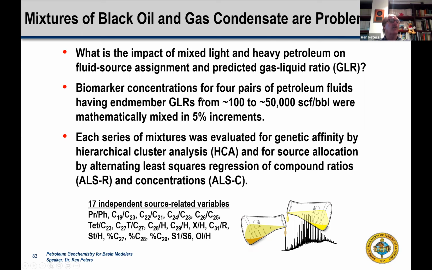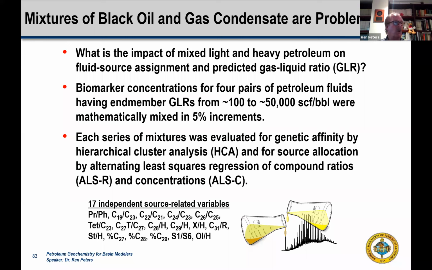Biomarker concentrations for 4 pairs of petroleum fluids having end-member GLRs from 100 to 50,000 standard cubic feet per barrel were mathematically mixed in 5% increments. So we actually didn't mix these in the lab. We mixed the end-member compositions using parts per million. That requires internal standards.